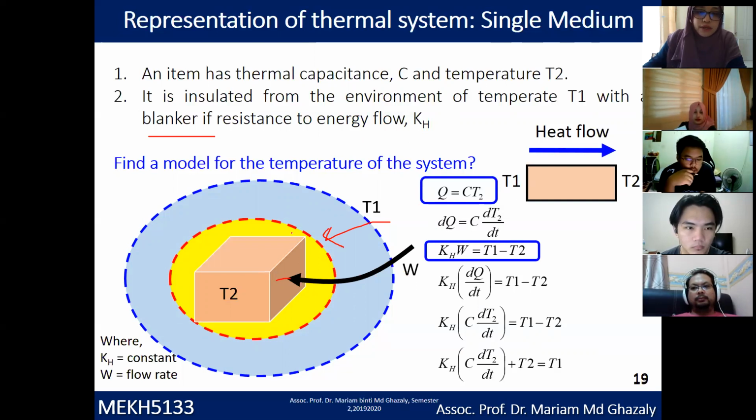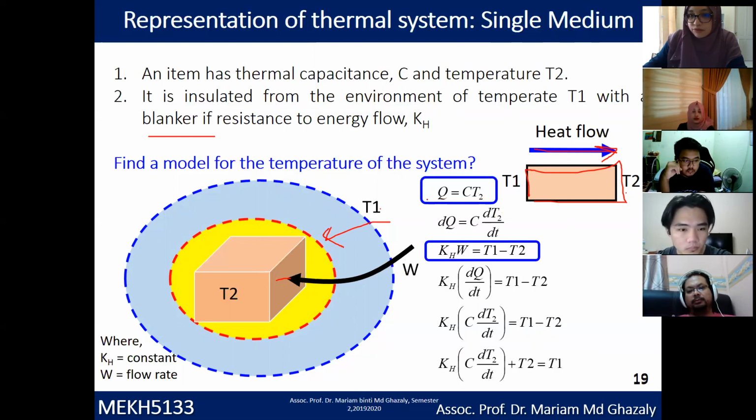If you were to draw this analogy, we can draw it as one medium. From T1 it moves to T2, and you have the heat flow in this direction. Using the equation Q equals C T2, we do the equation for the medium T2.